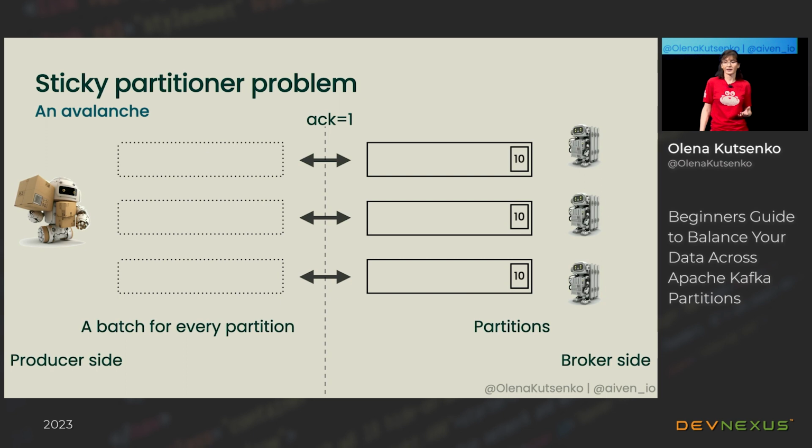But what happens then? We need to get acknowledgement from the broker that it is ready to accept more data. And you remember, our first broker is very slow. So we accumulate data, we selected that partition to send the data, we are waiting for acknowledgement from the broker, but we already accumulated the data.